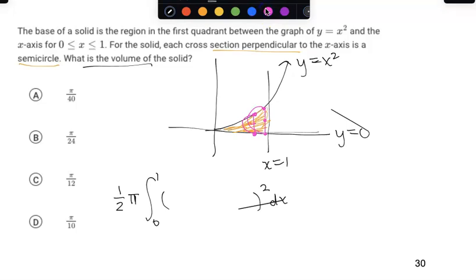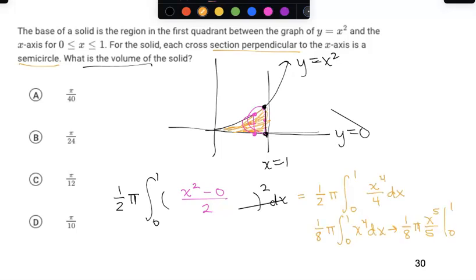This is supposed to be my radius. Well, my diameter is top minus bottom. So my radius would be top minus bottom cut in half. Take a second for yourself and do this one by hand to find the volume. Pause your video and try to do this one by hand.